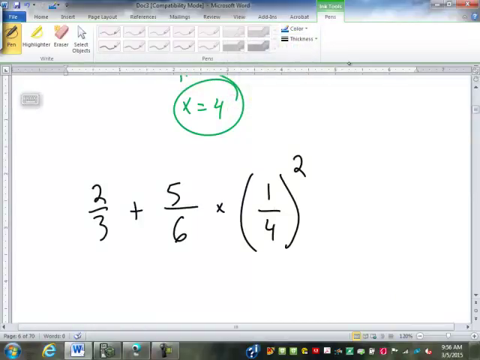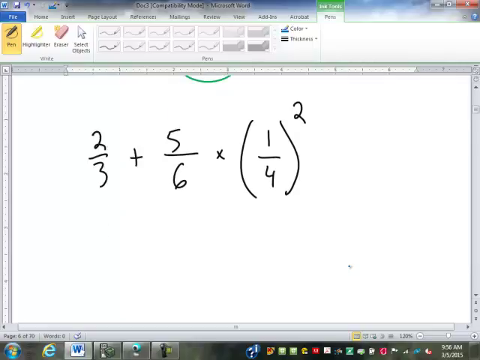So anyway, looking at something like this, this is just an order of operations problem. We have to go down through our levels. Level 1 is enclosing symbols. This is similar to number 46, not number 46, just similar to it. Do we have any? Well, we have parentheses. Are those parentheses acting as an enclosing symbol?